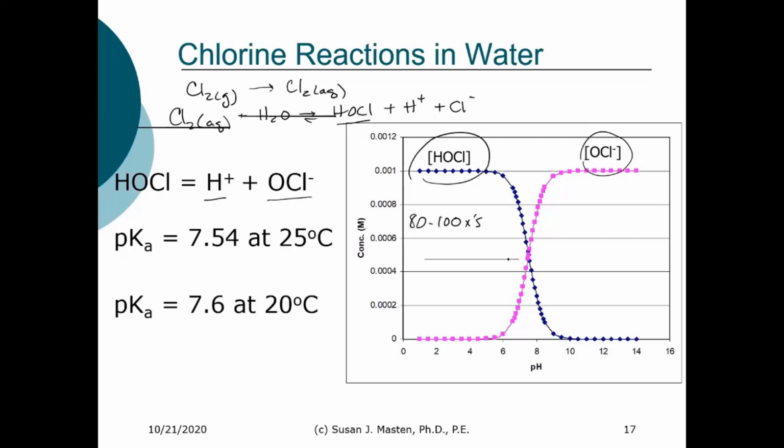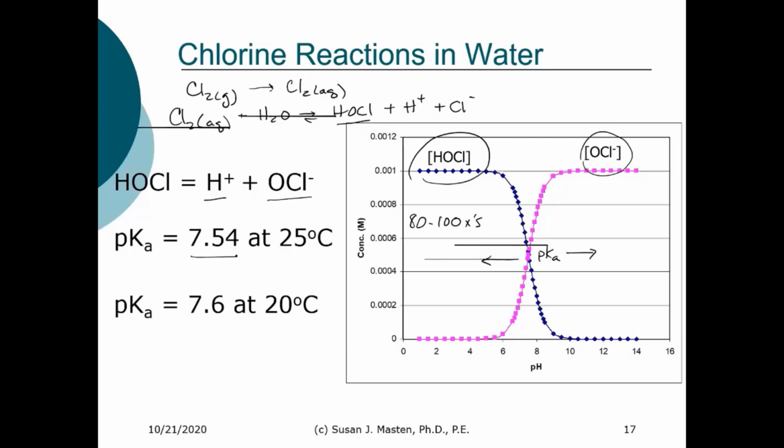So you can see at pH values less than the pKa for this dissociation reaction, hypochlorous acid predominates. At pHs above the pKa, so here's the pKa, hypochlorite predominates.